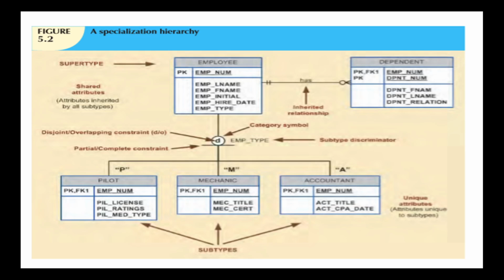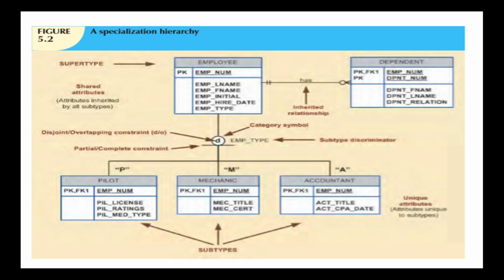Rather than maintaining all the employee instances in one single entity, in the EER model we maintain grouping as the employee supertype and employee subtypes based on their characteristics. Here the employee entity supertype contains all the employees' common characteristics like employee number, employee last name, first name, initial, hire date, and employee type.